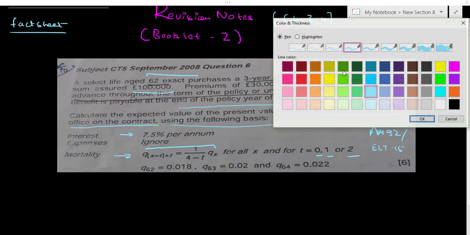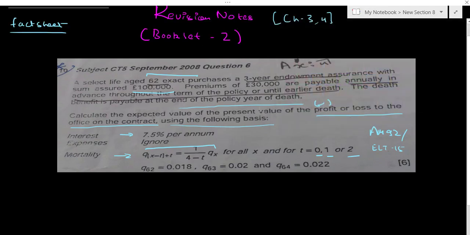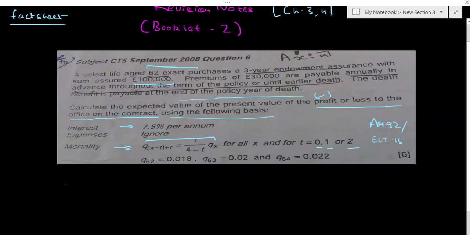So I'm going to take an orange pen. We know the EPV of profit is equal to the EPV of the inflows minus outflows, because if inflows are greater than outflows we'll have a profit.